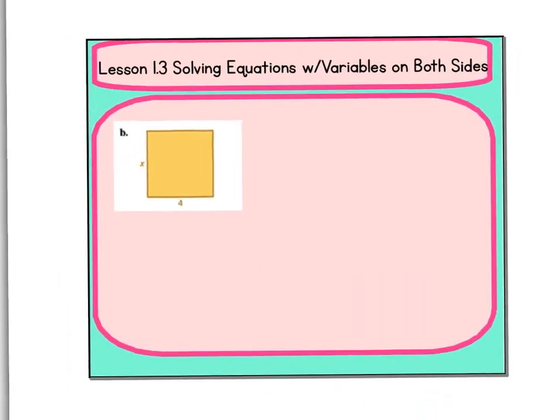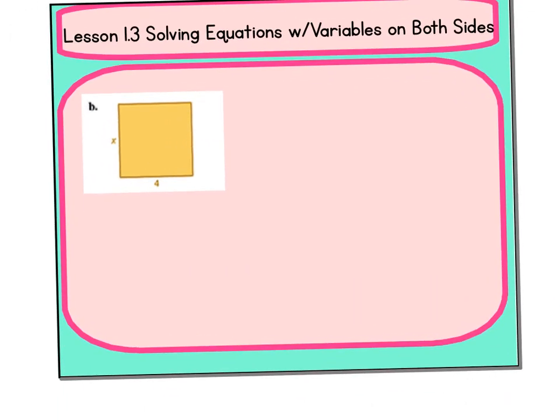So we're going to come down to the next shape. I'm going to first find the perimeter, so I've got to label all of my sides. I've got 2x, plus then I've got a 4 here and a 4 here, which gives me 8. I'm going to set that equal to the area, which is going to be length times width, which is 4 times x, which gives me 4x.